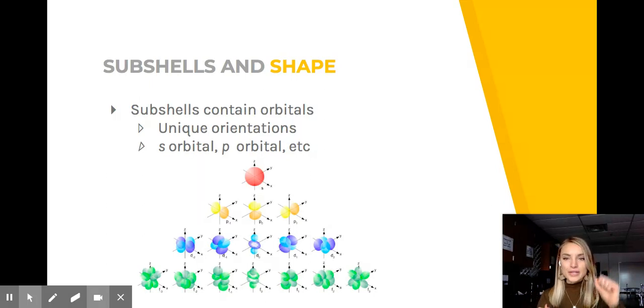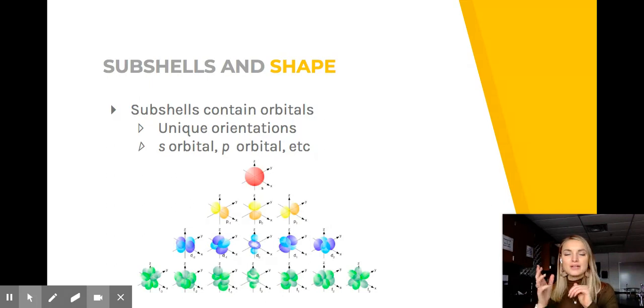Today it's going to get a little bit muddier, because if we think back to the metaphor I used yesterday, the street is the shell, the subshell is the apartment building, and then the orbital is the apartment unit within the building. Each of those subshells, those apartment buildings, when we look closely at all of those orbitals, all the apartments within those buildings, they've got different unique setups, different unique shapes.